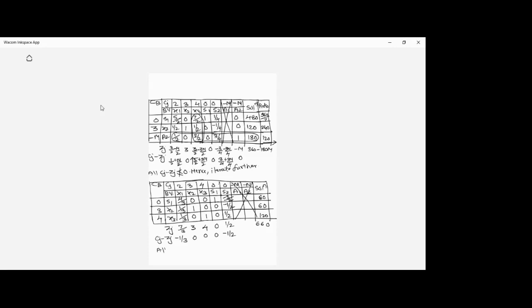So if we inspect all the Cj minus Zj values, they are all less than or equal to 0. Hence, we have reached the optimal solution.